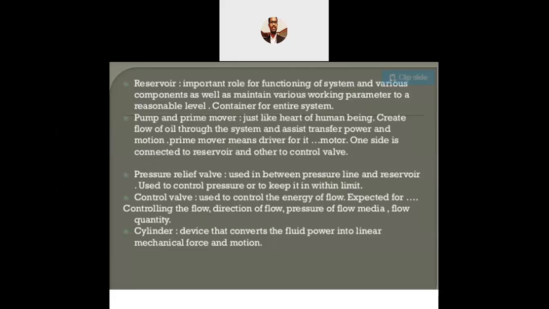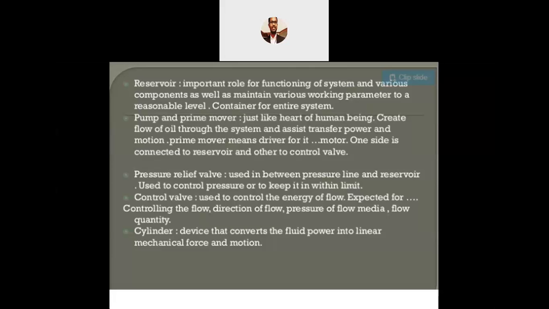The pump and prime mover, just like the heart of a human being, create a flow of oil through the system and assist in transferring power and motion. Prime mover, don't get confused, is nothing but the actuator in our basic components. What is the use of an actuator?